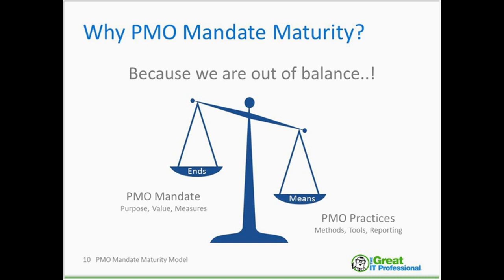The ends to be achieved of the PMO, the purpose of the PMO, the assessed value of successfully achieving that purpose, and measures that serve as success along the way of fulfilling the PMO mandate. If your organization is doing a good job of this PMO mandate, then give yourselves a pat on the back.